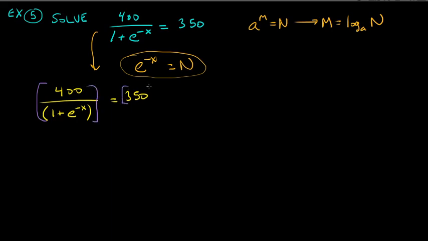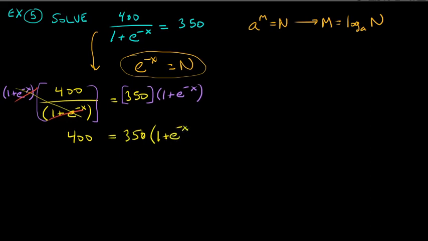Multiply both sides by 1 plus e to the negative x, so do that on the right and on the left. We do that so that we can cancel the 1 plus e to the negative x on the left. So on the left, we're just left with 400 times 1 equals 350, sorry, it's a 0, times 1 plus e to the negative x.